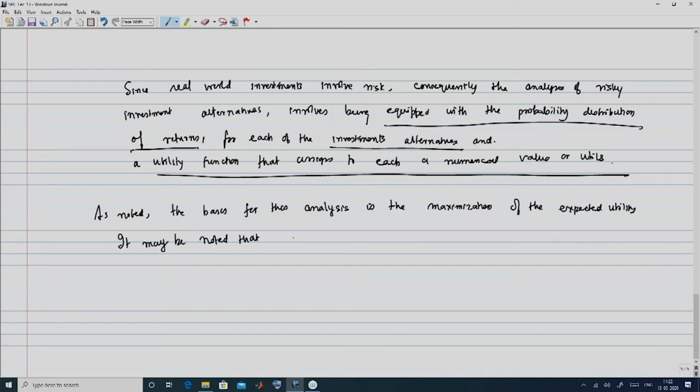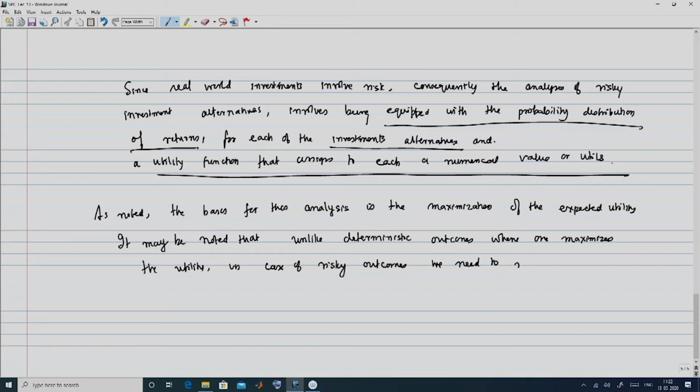Now, it may be noted that unlike deterministic outcomes such as bonds, where one maximizes the utility, in case of risky outcomes such as investments in a portfolio of stocks, we need to maximize not the utility, because the return is a random variable.